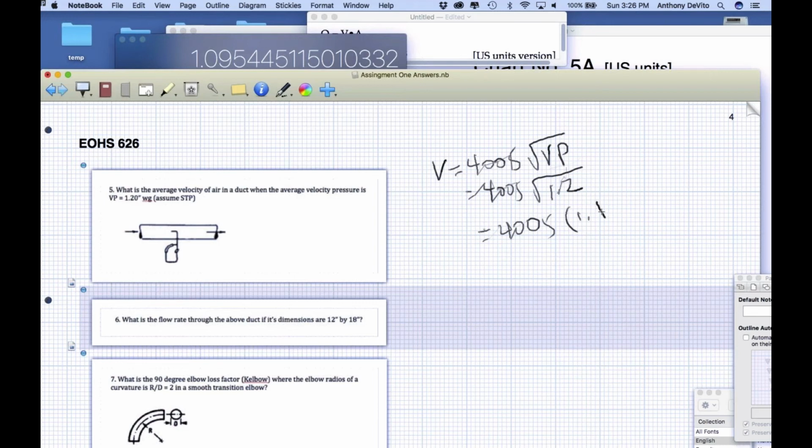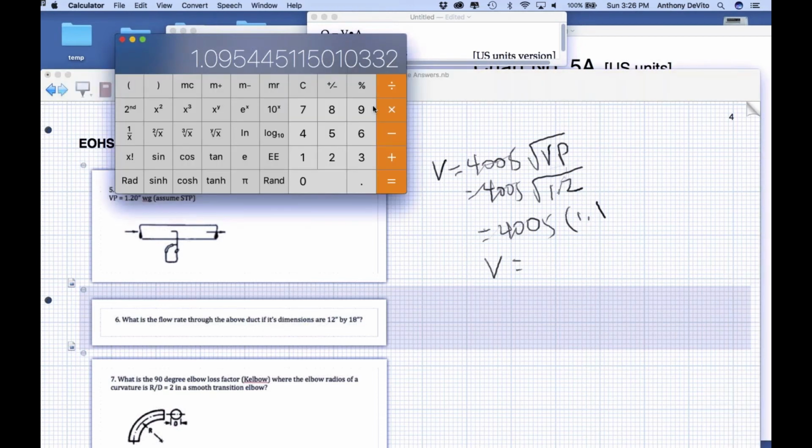Actually, I'll do the calculation without rounding it off. It's equal to 4,387 feet per minute.